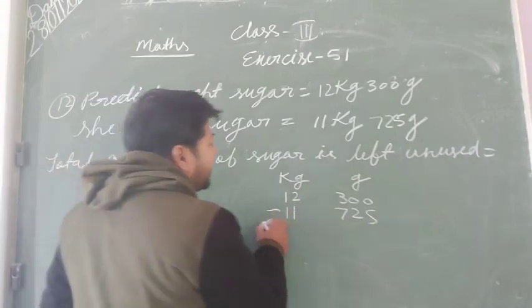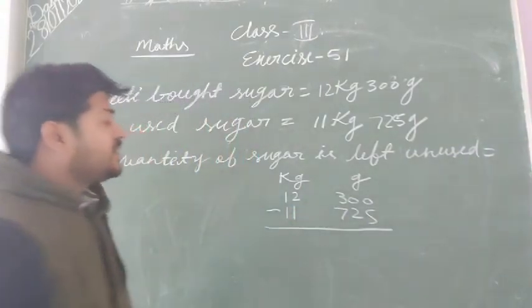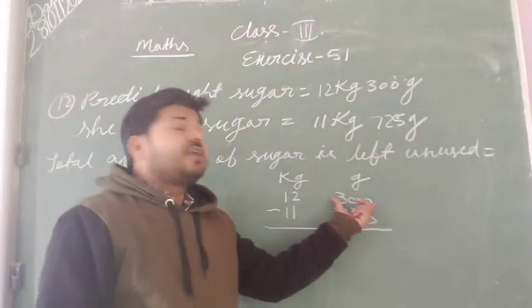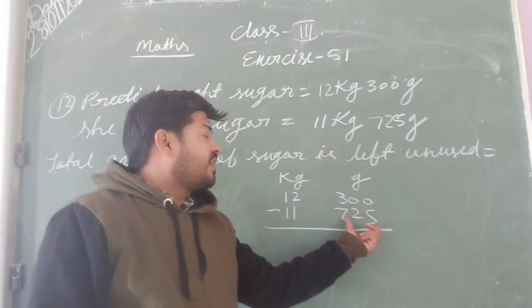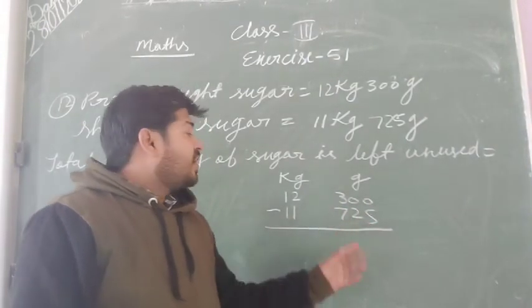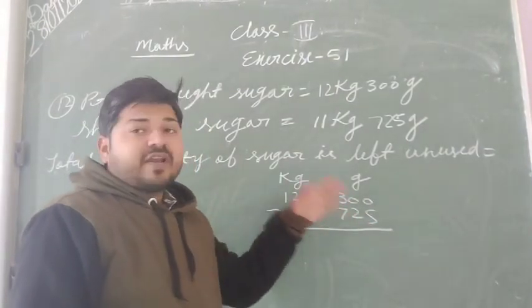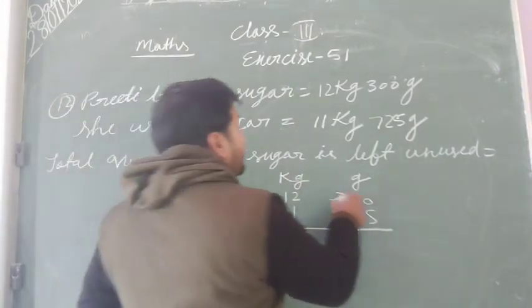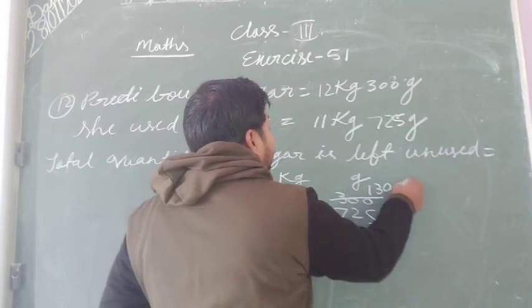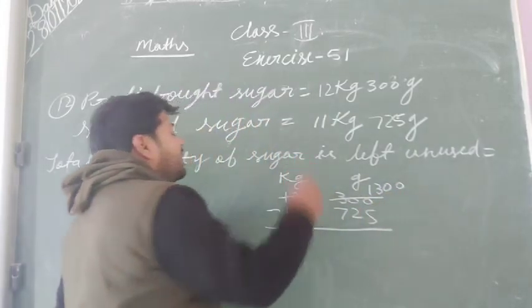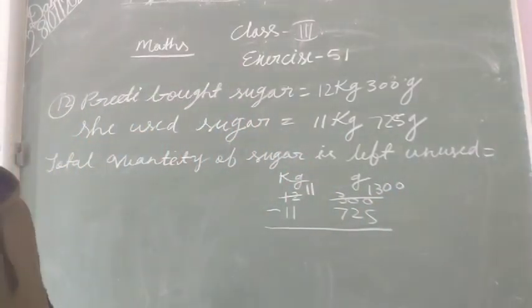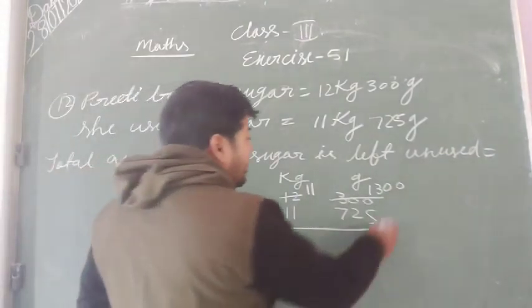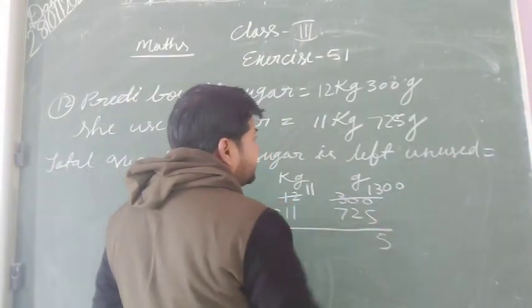So how will you subtract? Here you can see, students, that 300 is smaller than 725. So it cannot be subtracted. So it will take carry 1 kg. 1 kg means 1000 gram. So now it will become 1300 gram and this will become 11 kg. Now you can subtract it easily. So 10 minus 5, 5.